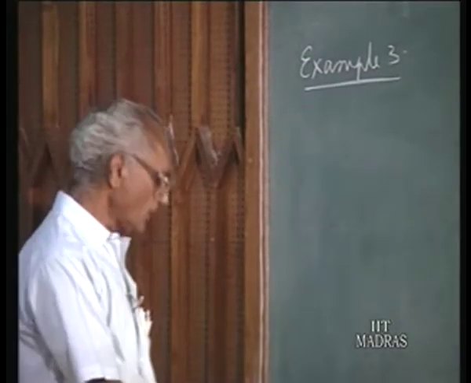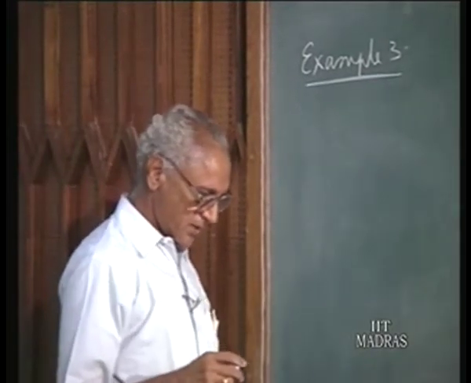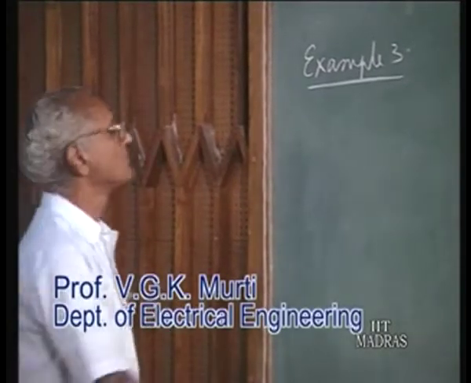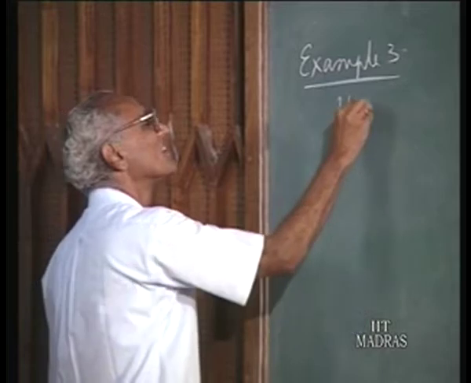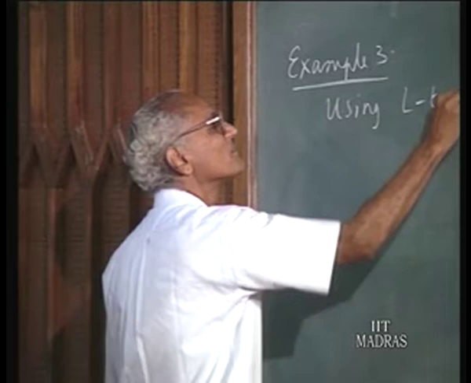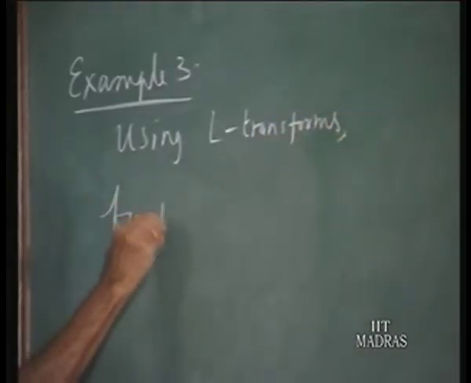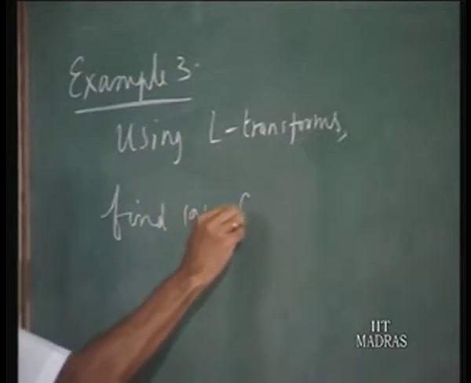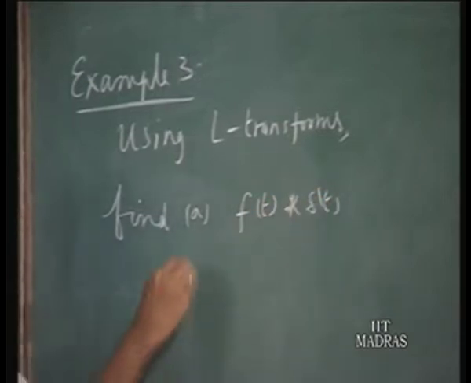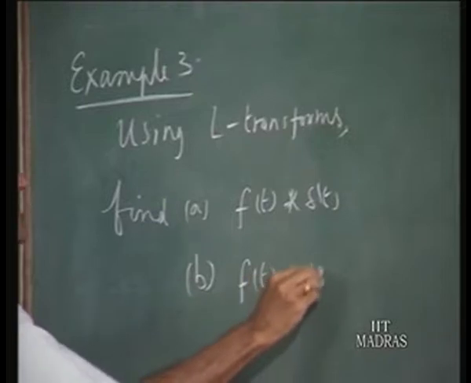As a third example, let us consider the convolution of a function of time with a delta function or a unit step function. So, using Laplace transforms, find what these functions amount to: (a) f(t) convolved with delta(t), (b) f(t) convolved with u(t).